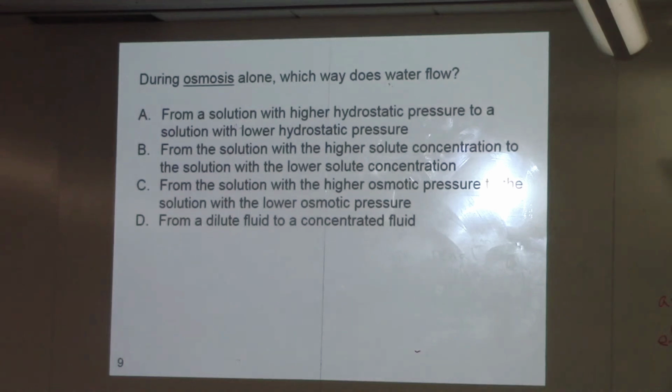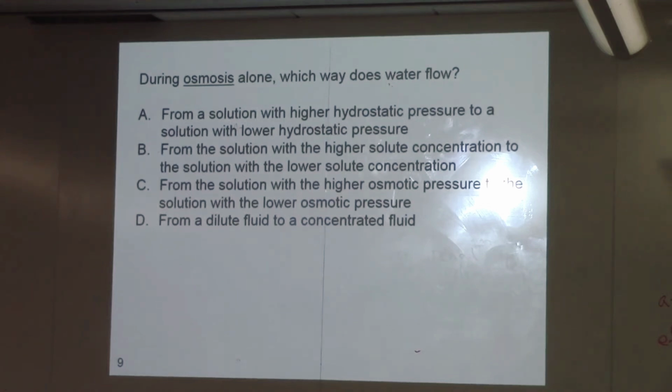Okay, let's do a clicker. This is an osmosis clicker. We're thinking about osmosis only, not hydrostatic pressure.